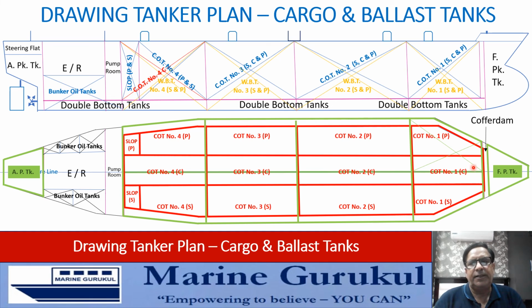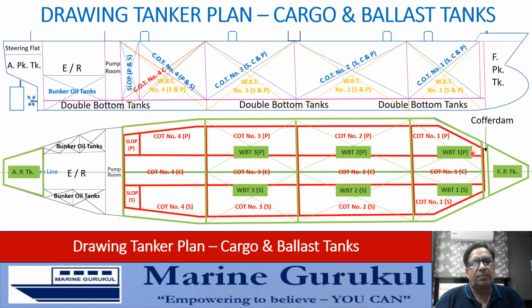I'm sure you'll agree that number one water ballast tank port would have these limits, and here is number one port water ballast tank. Likewise, number one starboard, number two port, number two starboard, number three port, number three starboard, number four port, and number four starboard.